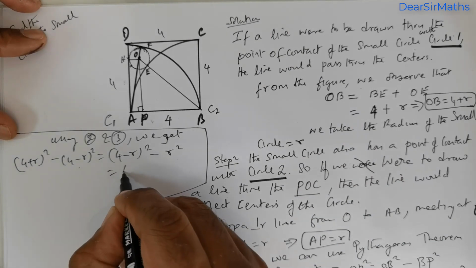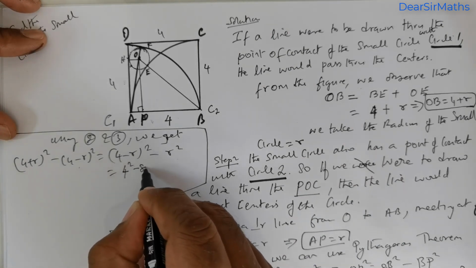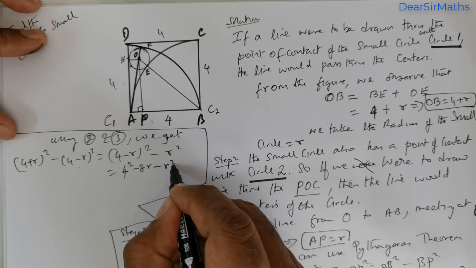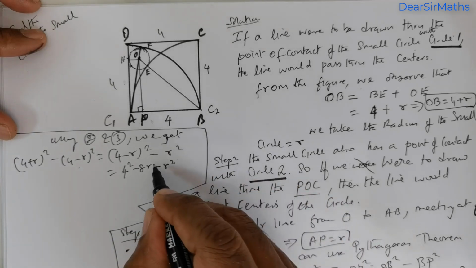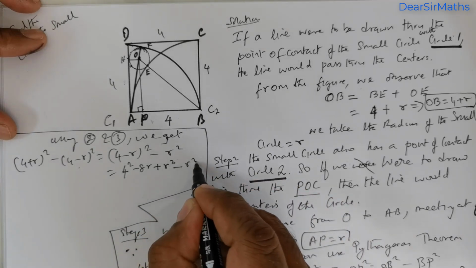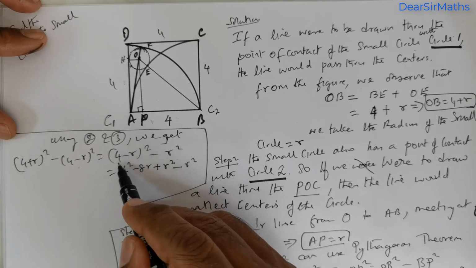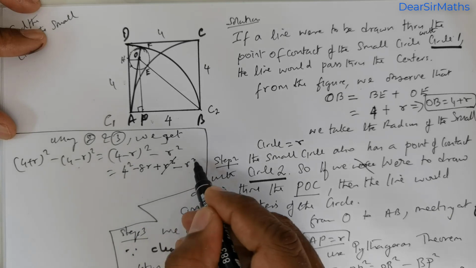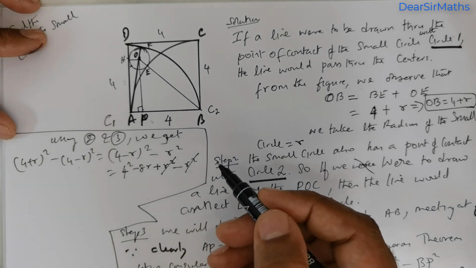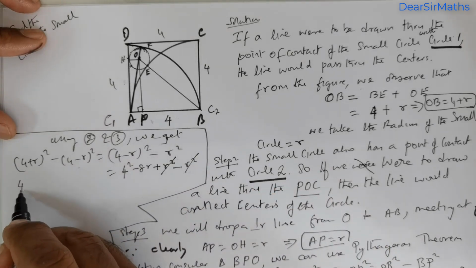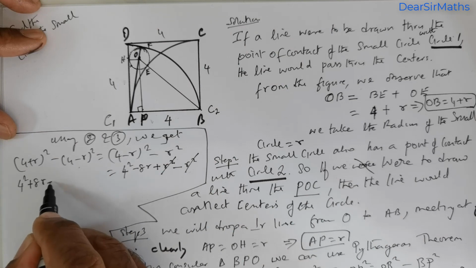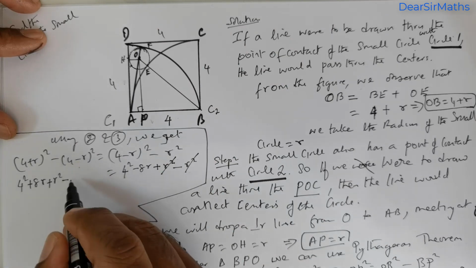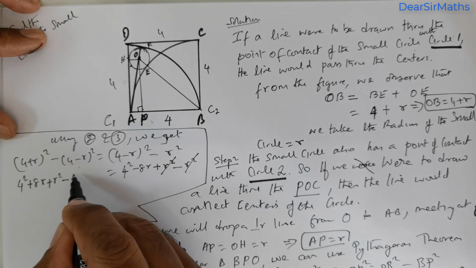So this is 4 squared minus 8R, this is going to be plus R squared minus R squared, right? Expanded by (a minus b) raised to the power of 2. So plus and minus get cancelled. Over here you get 4 squared plus 8R plus R squared minus 4 squared.